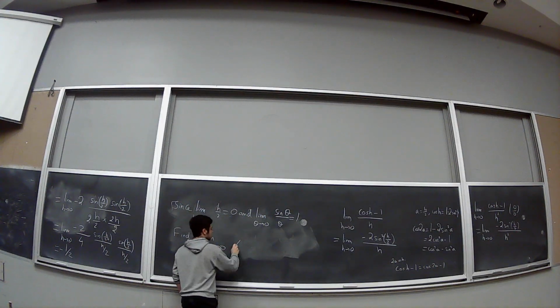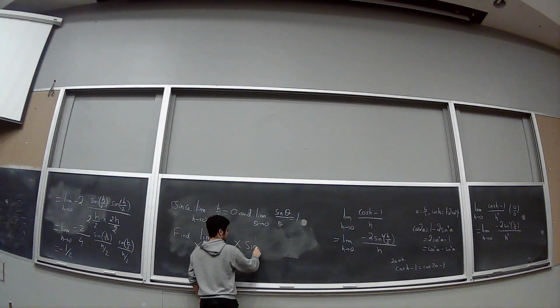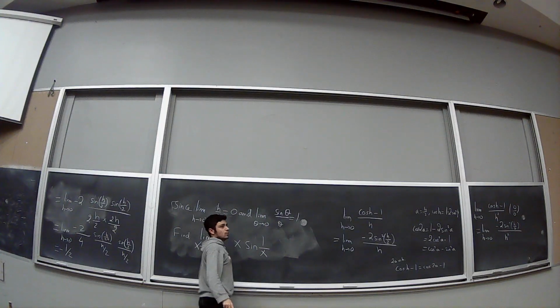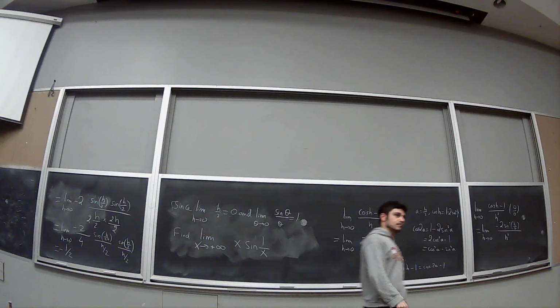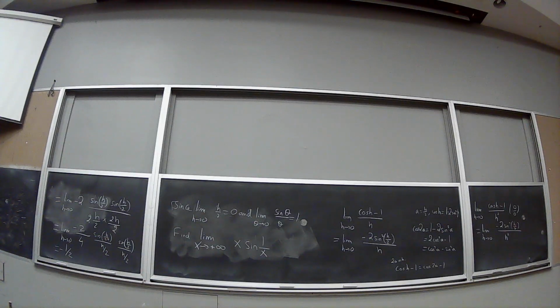Okay, find the limit as x goes to infinity of x sine 1 over x. Let's look at this. This should be very straightforward. Well, not very, but should be not bad.